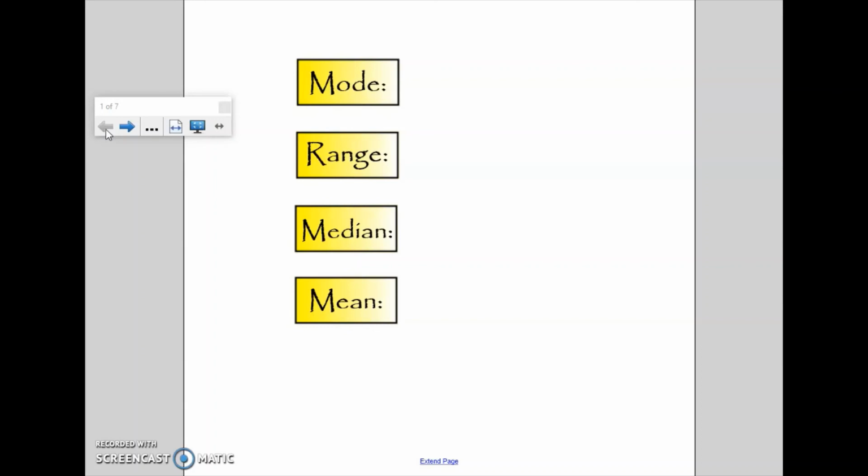You may use examples or you may use sentences to explain how you would find each of these 4 common averages. You may need to pause the video at this time to complete those definitions. Once you've done that, unpause the video and continue to the small task.